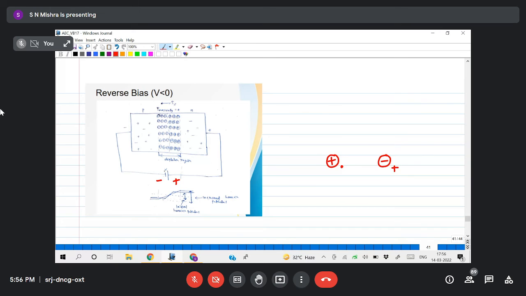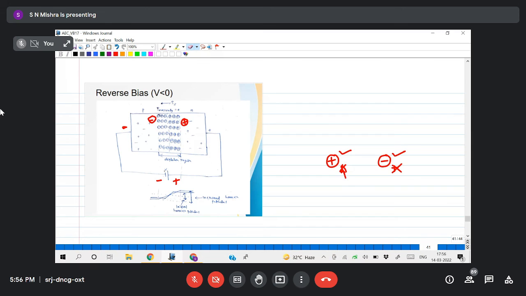Now you see here, once this hole is taken out, I'll leave behind only a negative ion. Similarly, if this electron is taken out, I'll leave behind one positive ion. So that is actually happening. This negative potential will take out the hole on the P side.